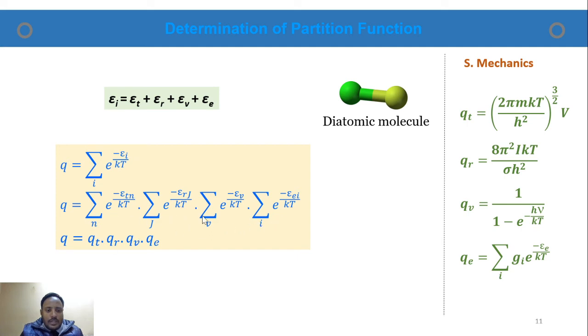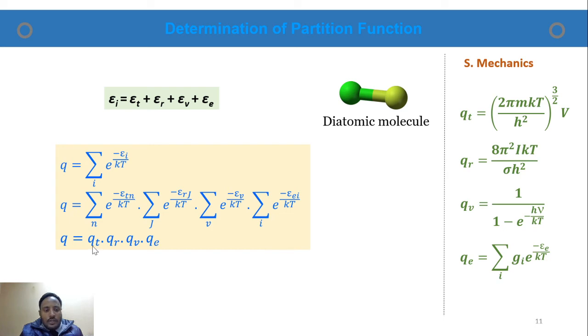Each of these summations corresponds to the partition function for the translational energy, the rotational energy, the vibrational energy, and the electronic energy. Thus Q will be equal to a product of the individual partition functions. What is important here is to note that while the total energy of a molecule is the sum of the various energies, the total partition function is the product of the various partition functions.